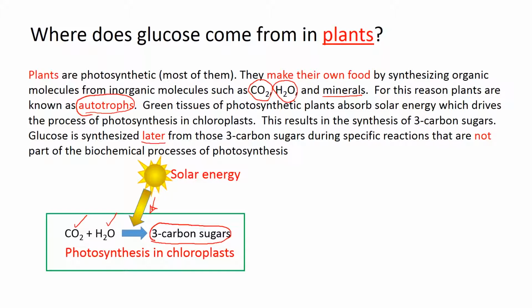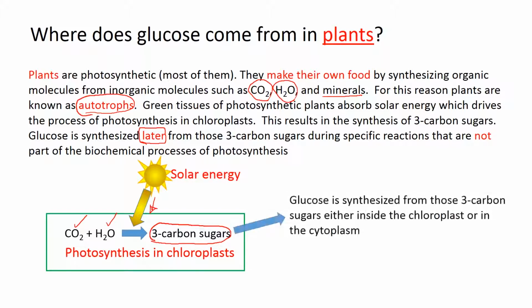Now glucose is synthesized later. I highlighted the word later here because some people get confused about when or where glucose is synthesized. Glucose is synthesized later, after those 3 carbon sugars are synthesized, during specific reactions that are not part of the biochemical processes of photosynthesis.